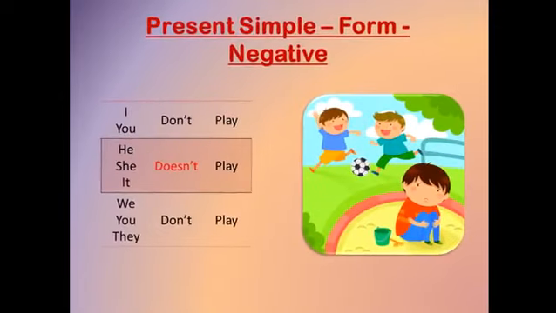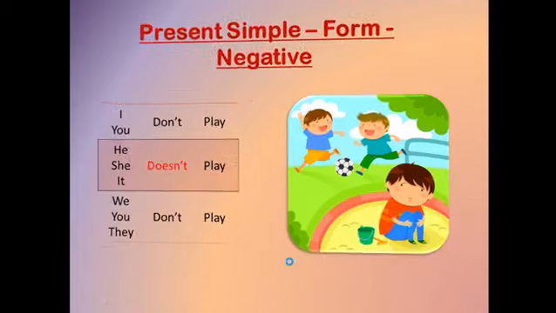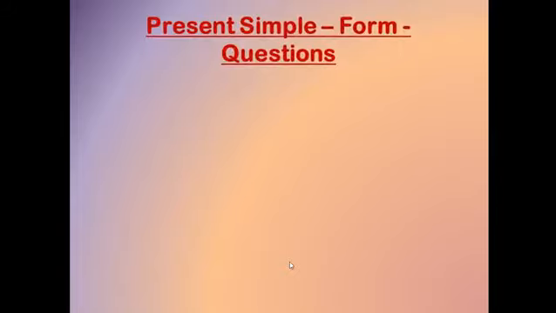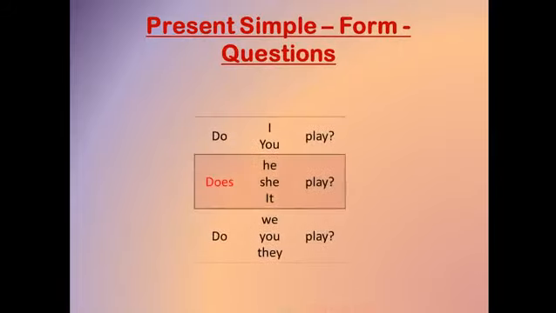Here also, I have don't, so my verb stays as it is. And I have doesn't here, so the verb after it stays as it is, even with he, she, and it. So any verb that comes after don't, or doesn't, or do, or does, stays as it is.